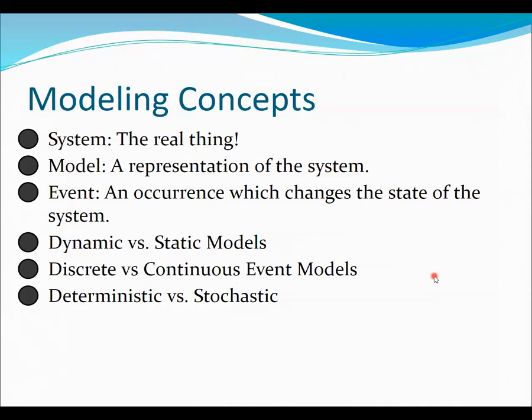So some modeling concepts would be useful to think about. The system is the real thing, the transportation system. A model is a representation of the system. And an event is an occurrence which changes the state of the system. That event could be a lane closure.